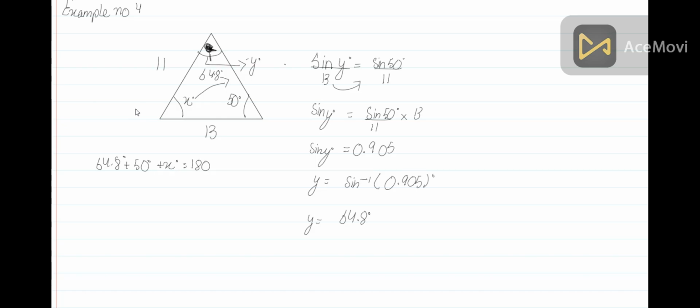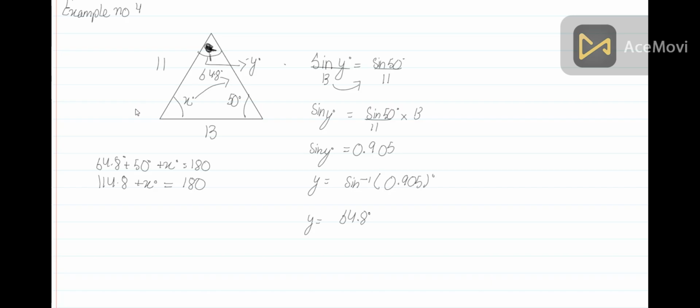Okay, means you have to add the two angles and then subtract from 180 degrees. So if you add these two you will get 114.8 plus x degrees is equal to 180.